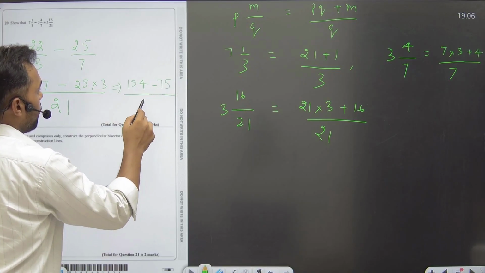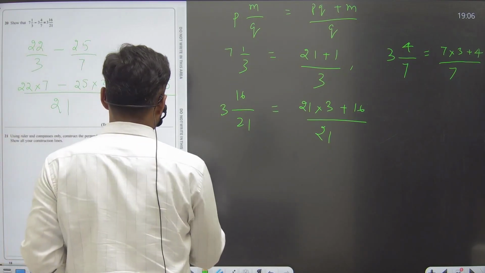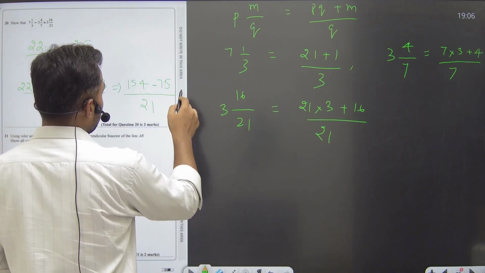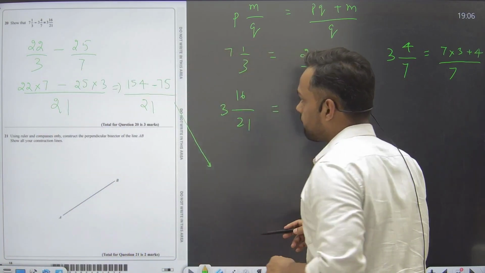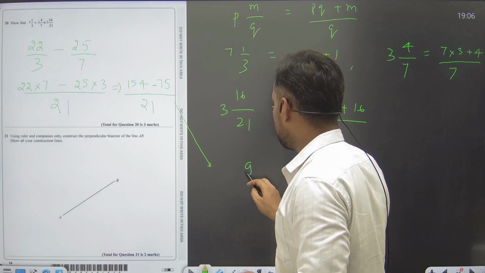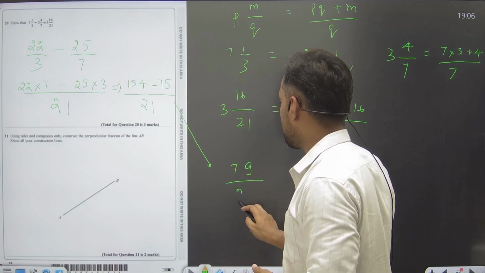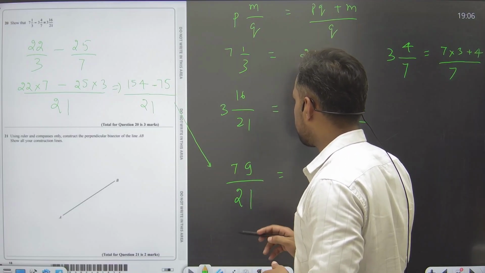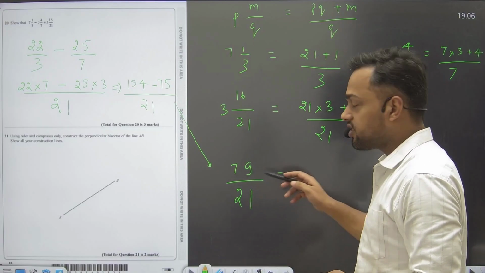175 upon 21. Now if you solve this, it will be 79 upon 21, which could be written as a mixed fraction. How do we write it as a mixed fraction?